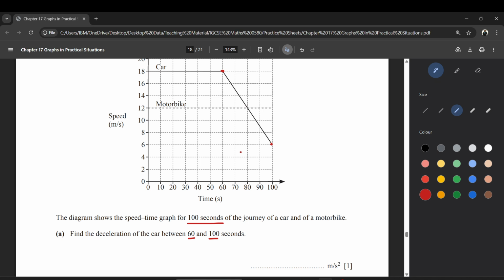So we know that the acceleration is the same as the gradient of speed time graph. So if we can work out the gradient of this line, that will be equivalent to acceleration. So first of all, I'm going to write down the coordinates. We have 60 comma 18, and we have 100 comma 6.